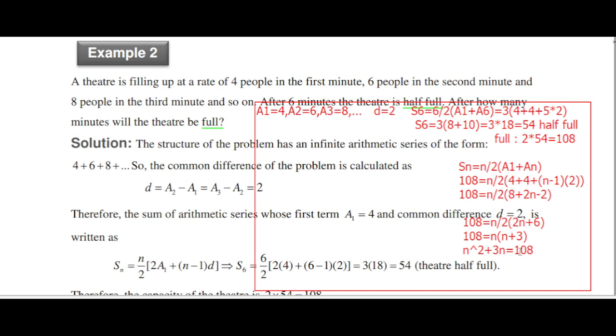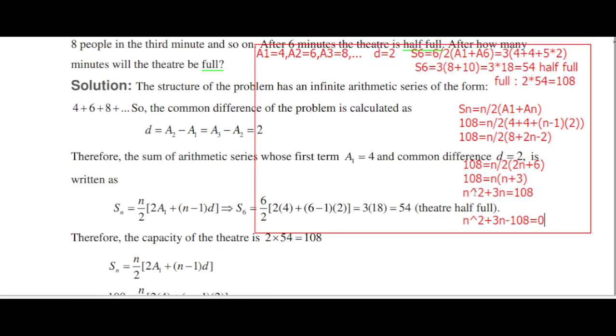Now let's rewrite this as a quadratic equation. n square plus 3n minus 108 is equal to 0. Let's use the quadratic formula for this, or we can factorize this.